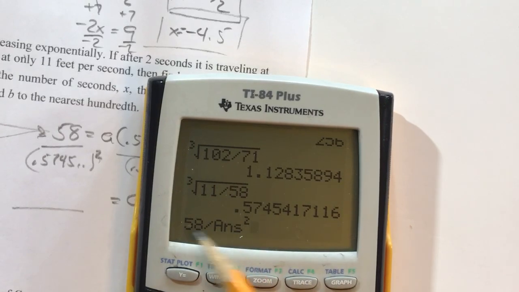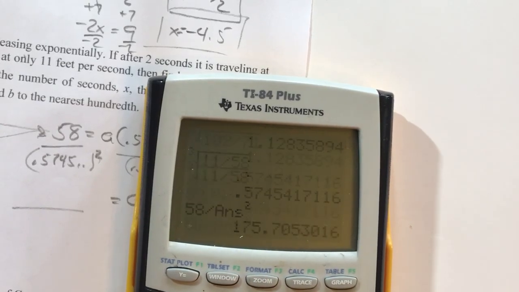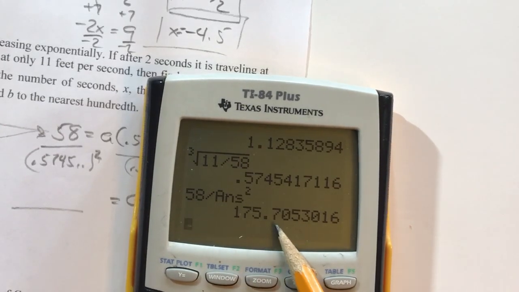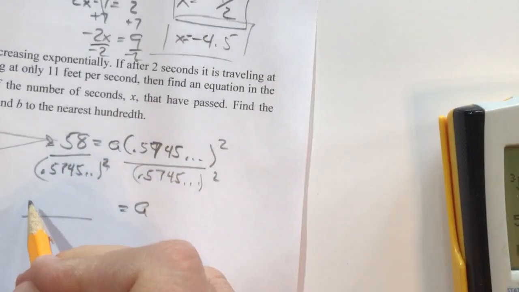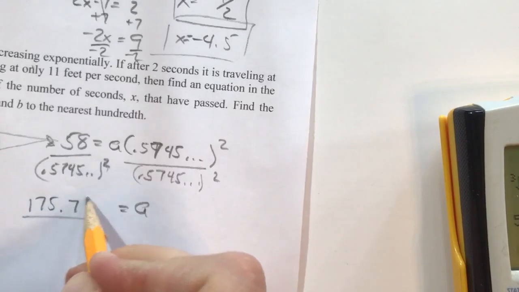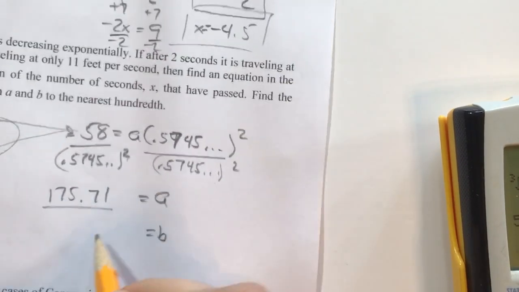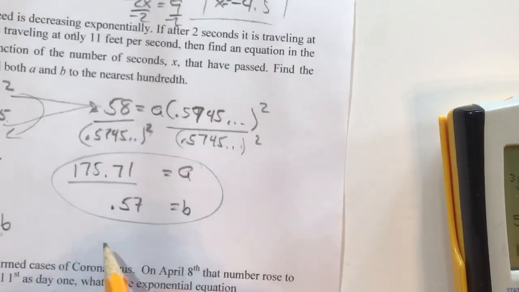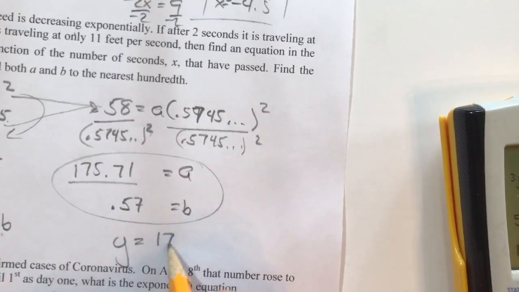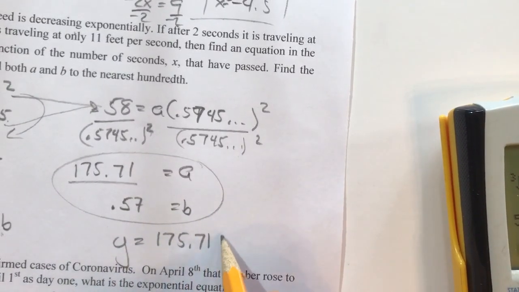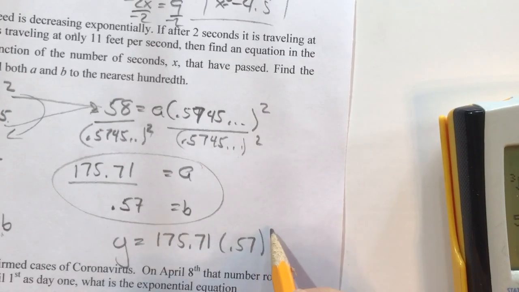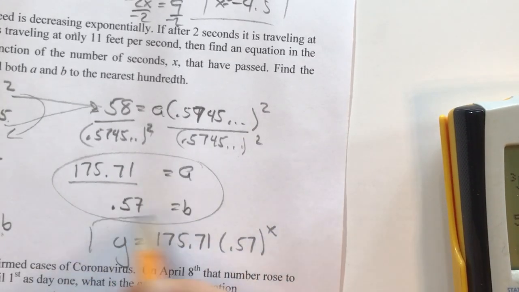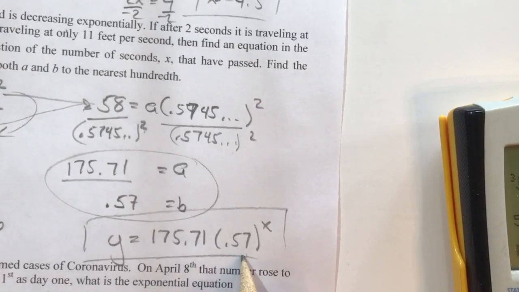The calculator will square first and divide second. So I'm getting 175.7. Now I can round to the hundredths place, 175.71, B, 0.57. So there's my A, there's my B, so y is equal to 175.71 times 0.57 to the x. There's the exponential function. It's decaying because B is less than 1.